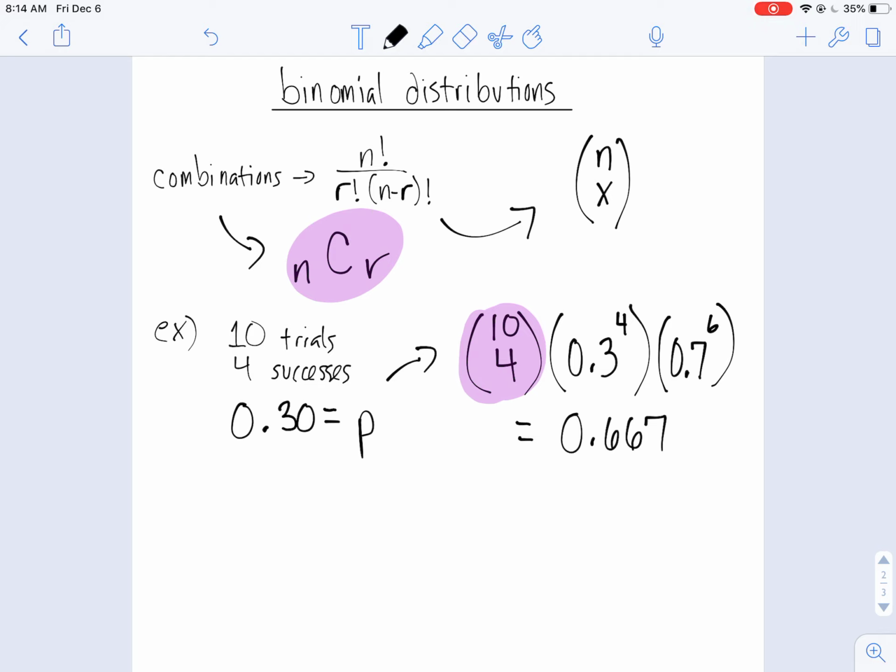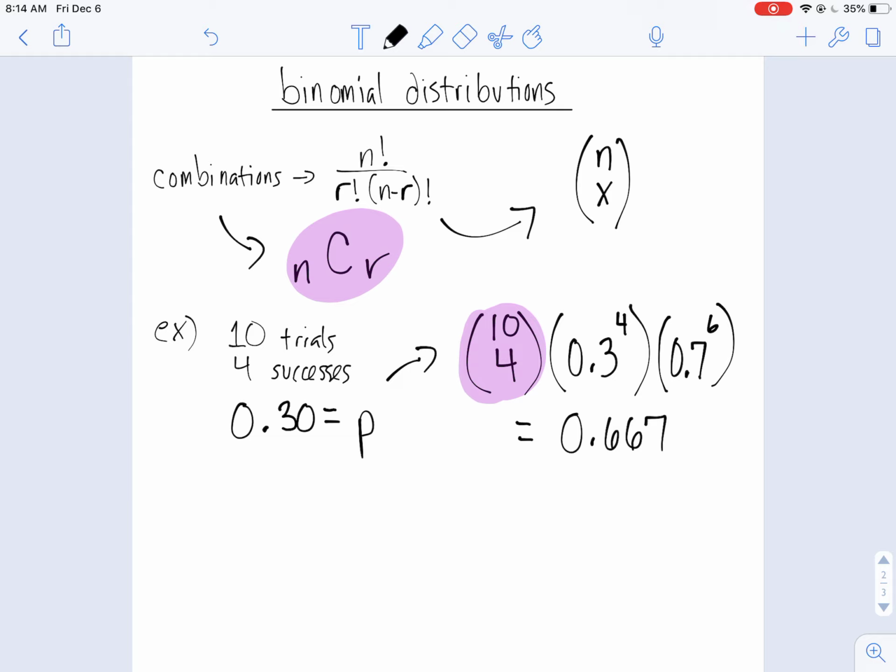And then you deal with your successes, probability of success, number of successes, probability of failure, number of failures, and that gives us the probability of this happening. In this case, we're looking at 10 trials with 4 successes. I said the probability of success was 30%.